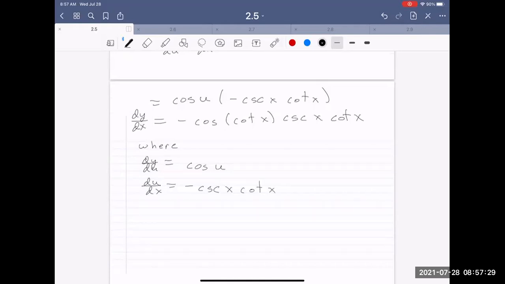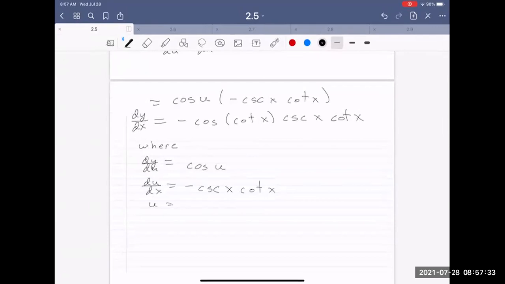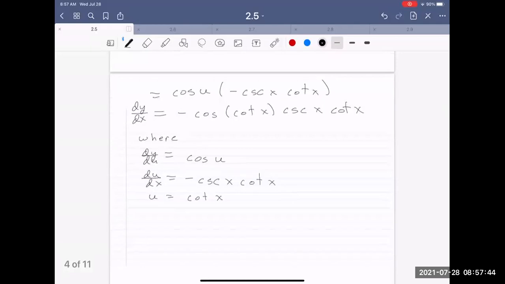So I used those facts, and of course the fact that u was equal to cotangent x to take the derivative. Of course, I have a bad habit of doing everything together, because after you have done these a few times, you do everything together.